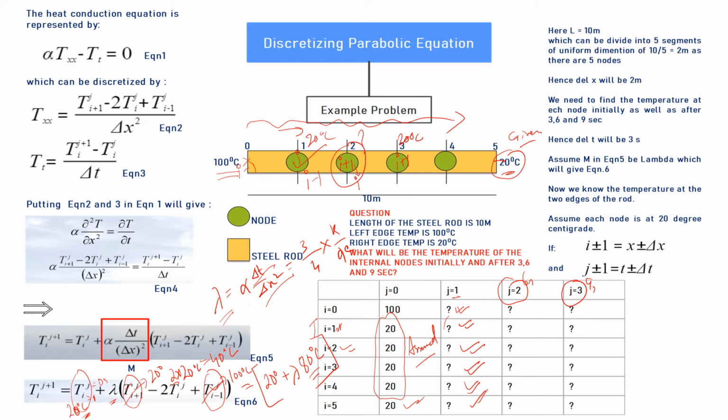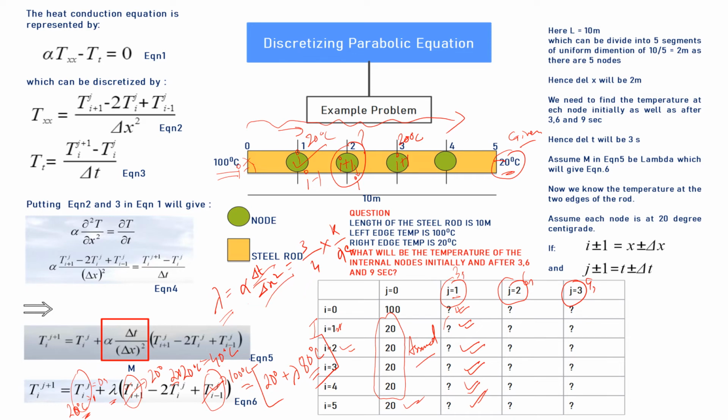So next, after you have found the value of temperature at all nodes at time j is equal to 1, j is equal to 2, and j is equal to 3, we repeat the calculation again. Okay? So we again repeat it and try to find the values again for the 3 second, for the 6 second, and 9 second.